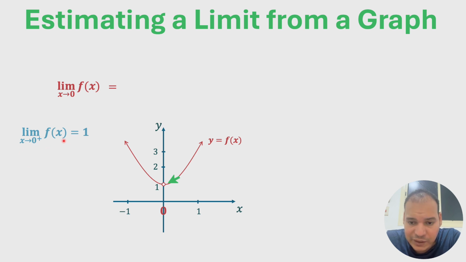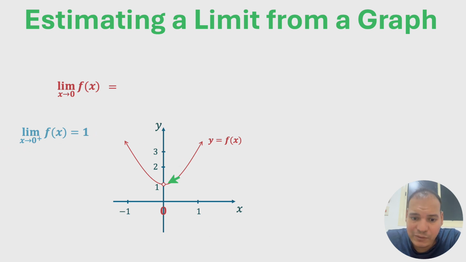The limit of f of x when x approaches 0 from the right is equal to 1, and this can be shown here on the graph. The behavior of the graph approaching x equals 0 along the graph of the given function gives us 1.